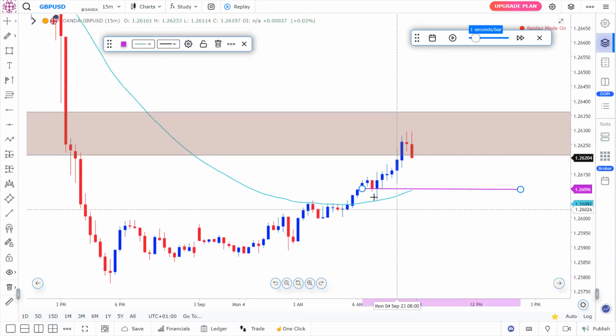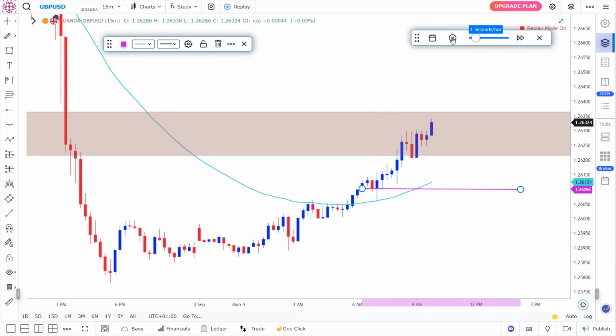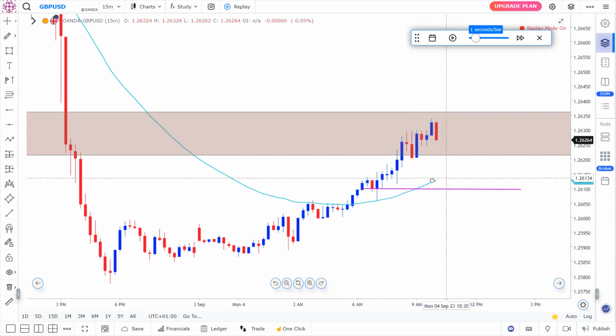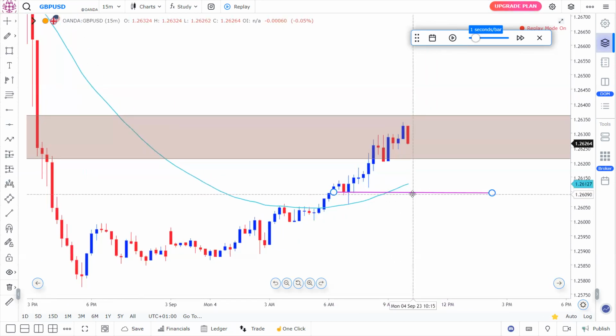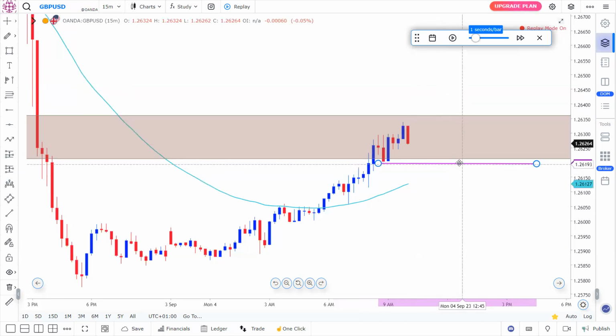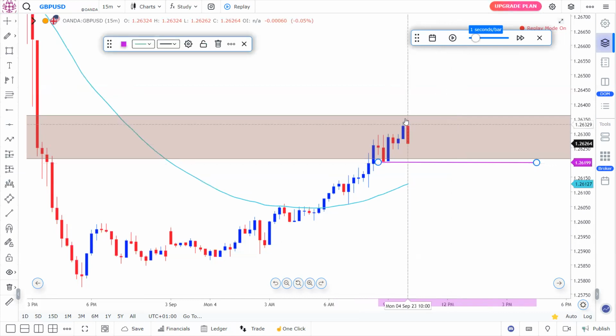So I had this level as a low that led to this high right about here. And now we have a new high that is higher than the previous high. This moves my structure level from this level to this level, as this being the low, the higher low that led to the higher high level right about here.